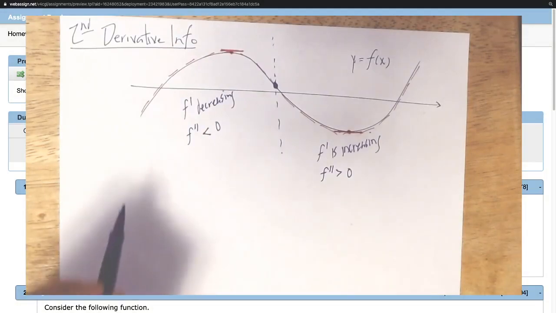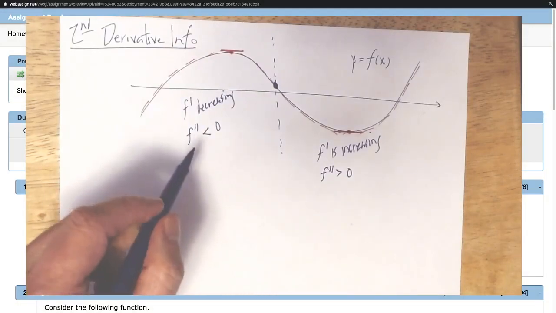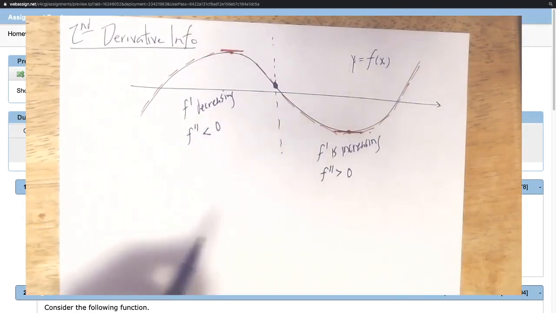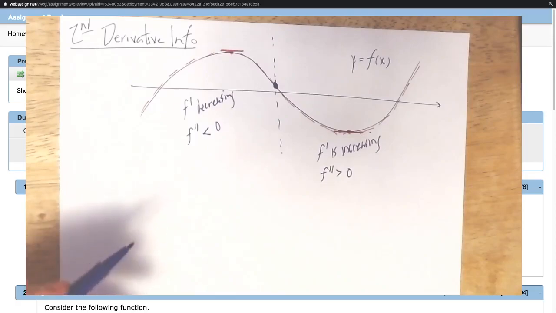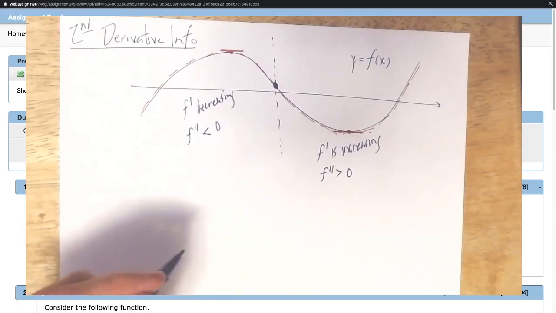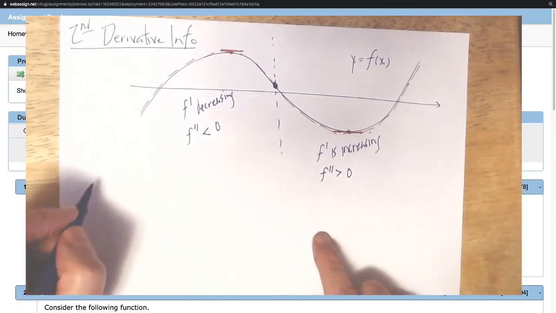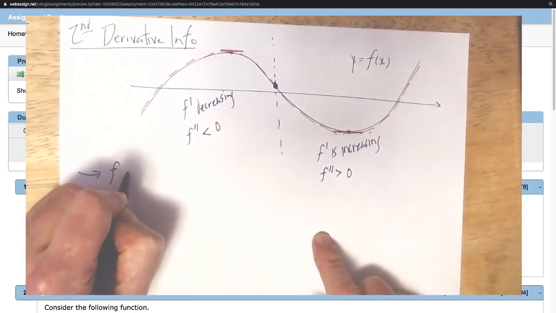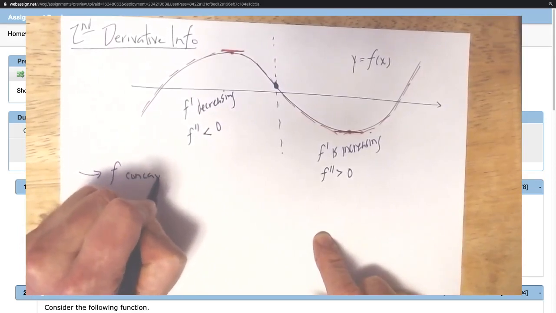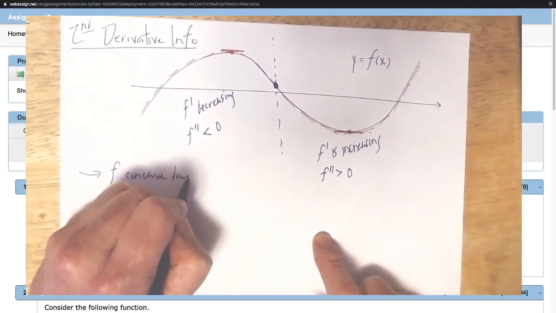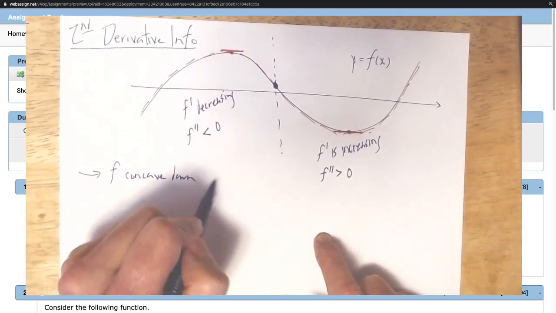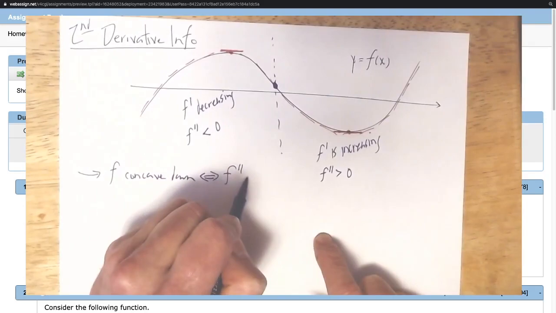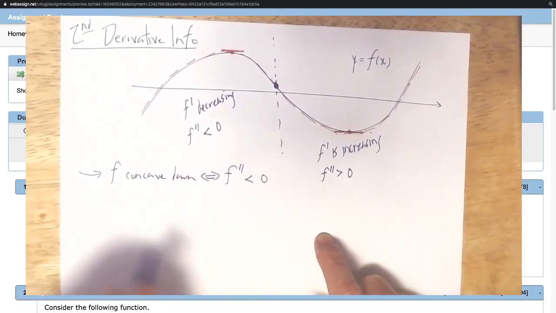And so the second derivative, because it just matters as to whether the second derivative is negative or positive here, gives us information about that shape, concave up or concave down. So the basic idea would be that f is concave down, like it is here on the left, just in case the second derivative is negative.